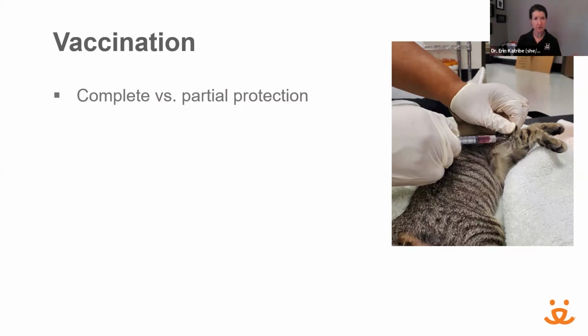That is very different from, for example, our feline respiratory viruses, where even if a cat has been fully vaccinated, has had a chance to respond, and they do respond, they can get exposed to those viruses and they'll still get infected. They likely won't get as sick and they won't be as sick for as long. So it reduces severity and duration of disease, but they can still become infected.